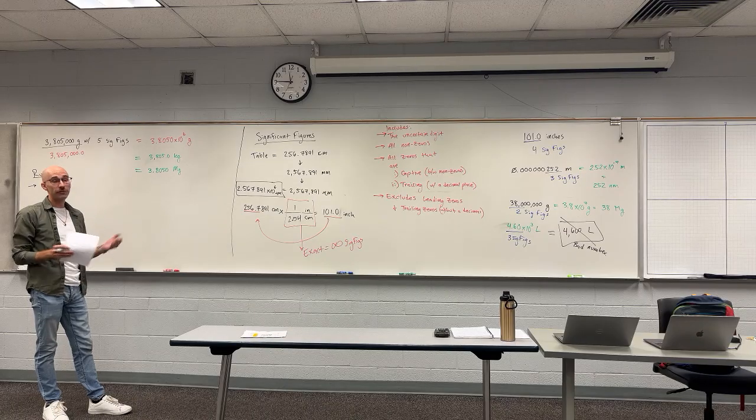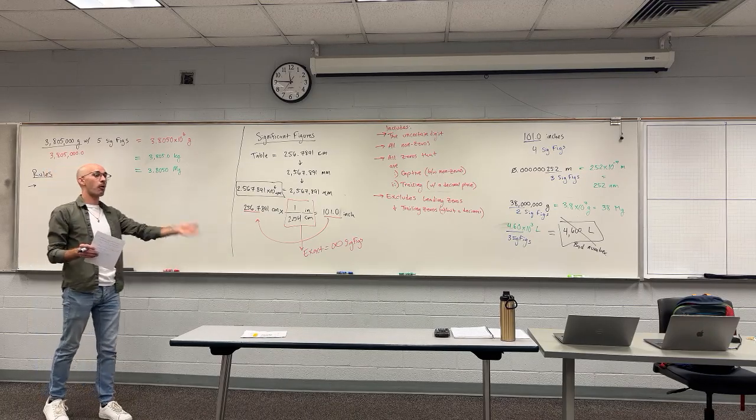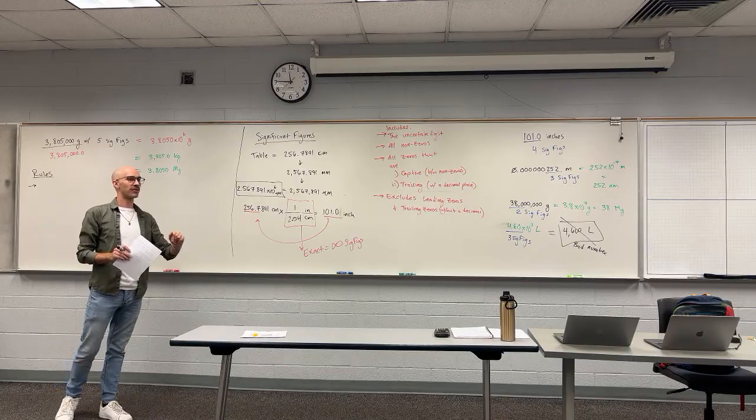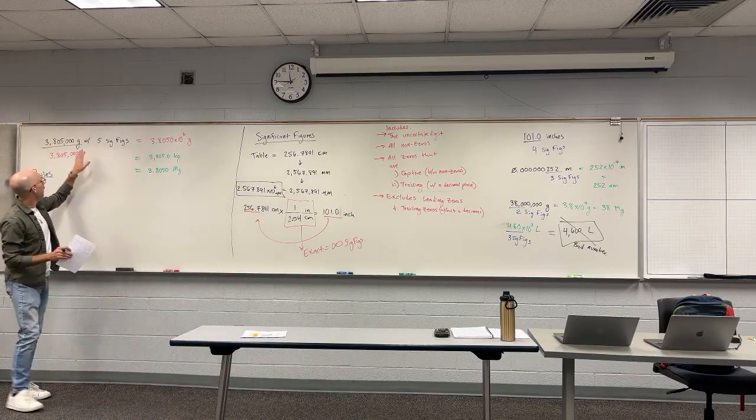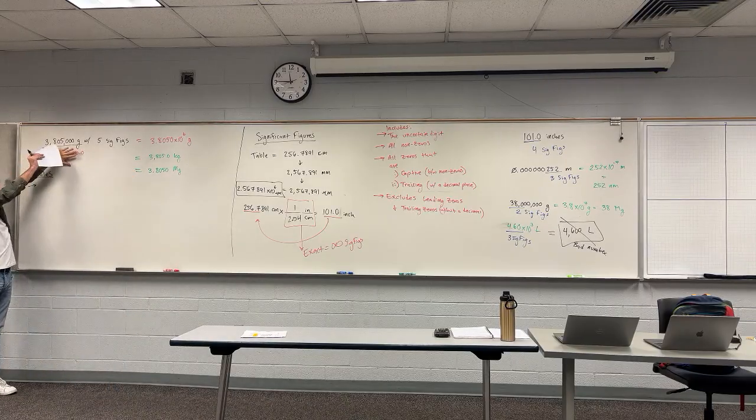So you will have to do calculations and then report the number with the right number of sig figs. Absolutely. So if you do a calculation and you get this, you can't report it as this because that's not the right number of sig figs. So you do need to be able to say, I need to change the unit.